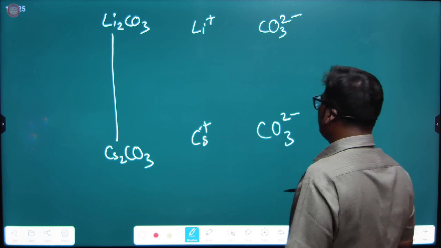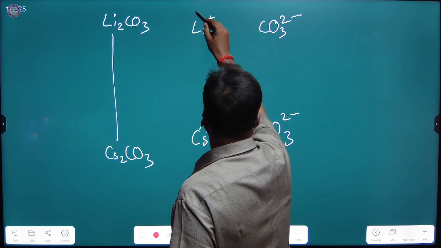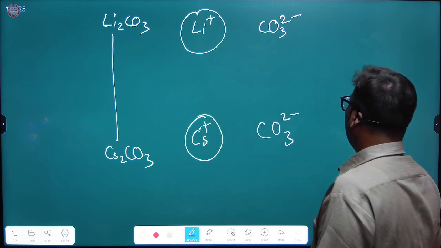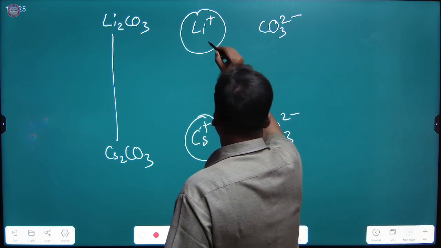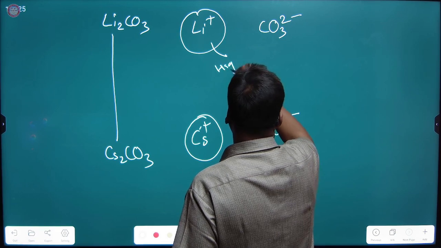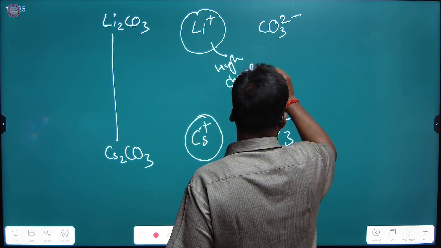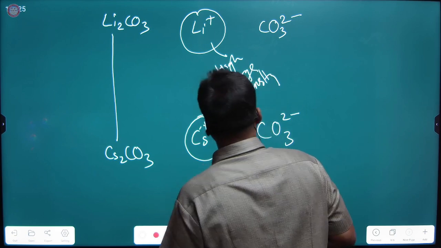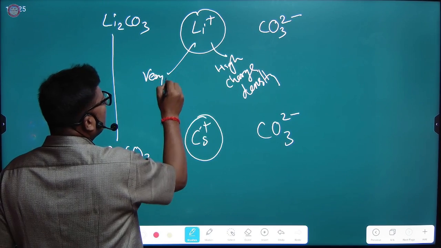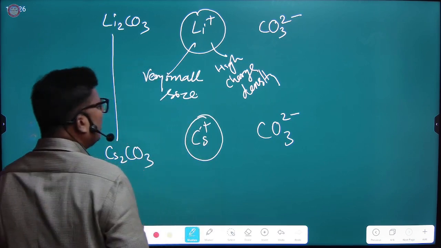The carbonate ion is similar in both cases, only the metal cation is different. Here lithium plus and here cesium plus. So lithium plus has high charge density, right? It has high charge density and very small size, very small size, right?